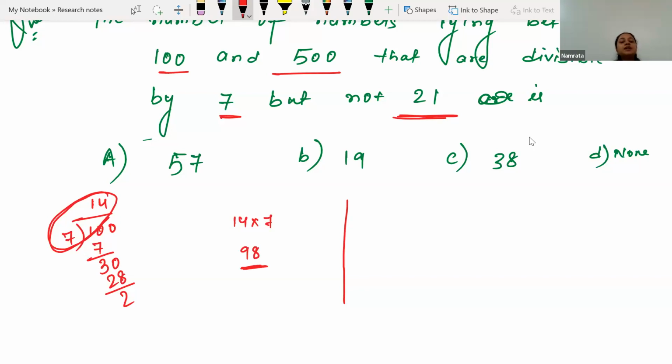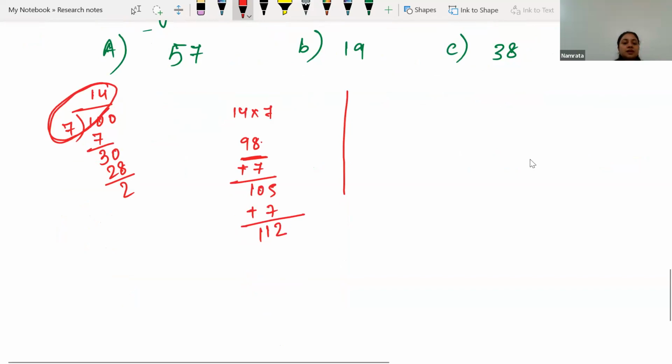That is 98 and it is divisible by 7 completely. But we need numbers after 100. So the next number will be plus 7, 105, right? Yes, ma'am. The next number will be plus 7, that is 112. Are you getting it?